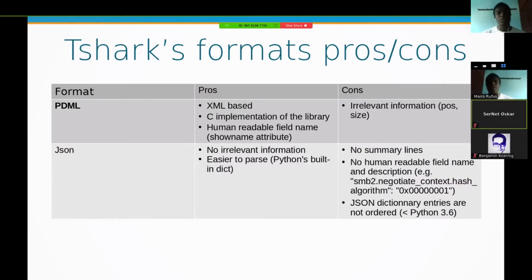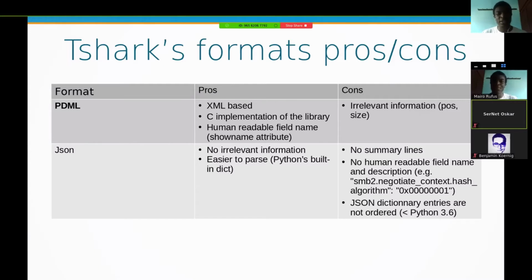Okay, there is a compiled pros and cons table for those new formats, and spoiler alert, we ended up choosing pdml. The pros are it's XML based, and XML is a well-established format for a couple of years.